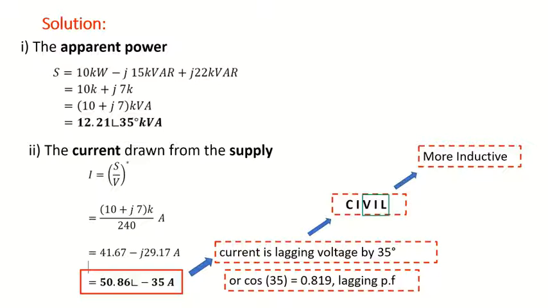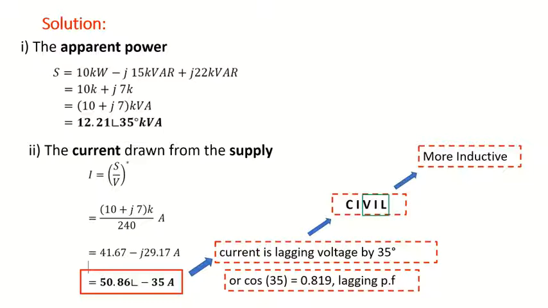From the current you found here, the current is lagging the voltage by 35 degrees, or it can be defined as cos 35 is 0.81 lagging power factor.